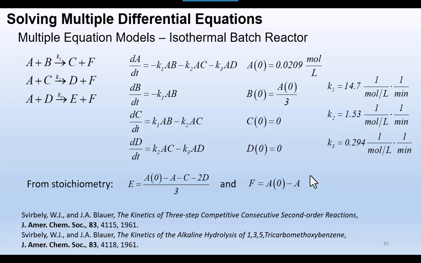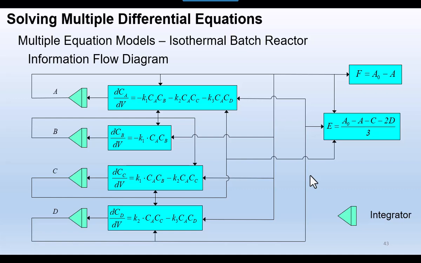So we have a more complex system here, and as these systems become more complicated, the use of the information flow diagram becomes more helpful. So here it is for these 3 reactions, and the basic idea is that we write down the differential equations that we have, and then we are able to integrate stepwise each of these.